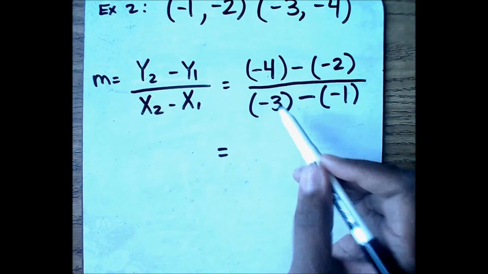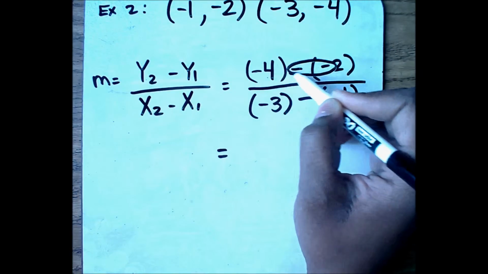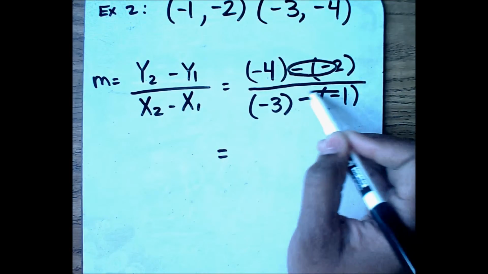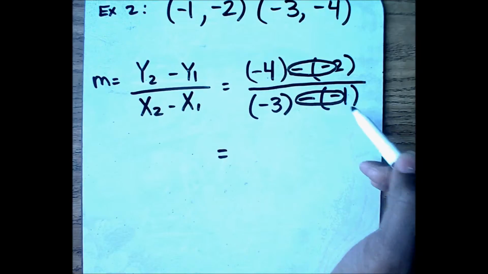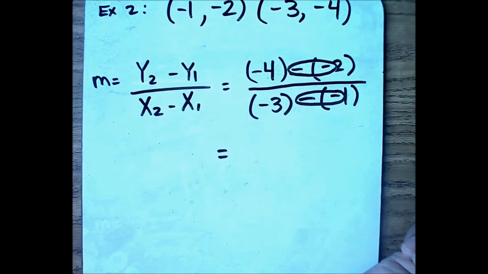All right, anytime you see minus a negative, two negative signs back to back like this, and you see that in the top and in the bottom, in the numerator and denominator, I like to use what we call keep, change, change.